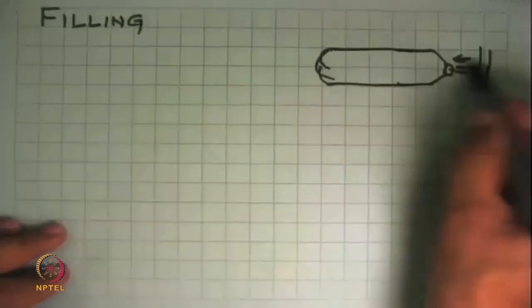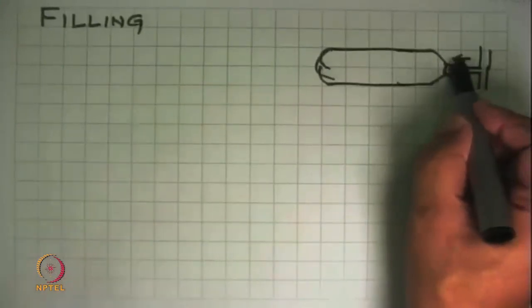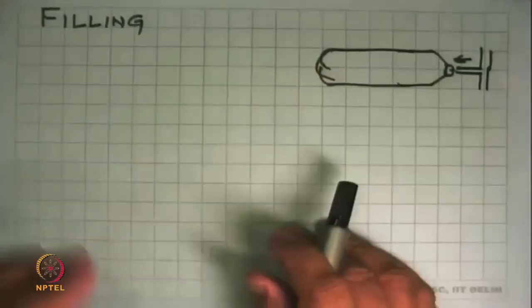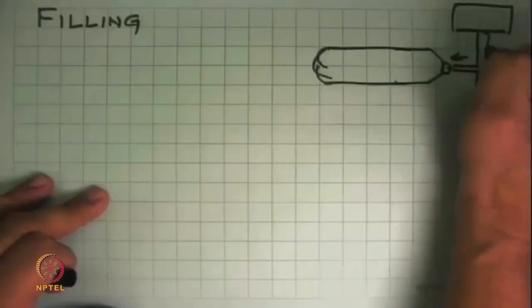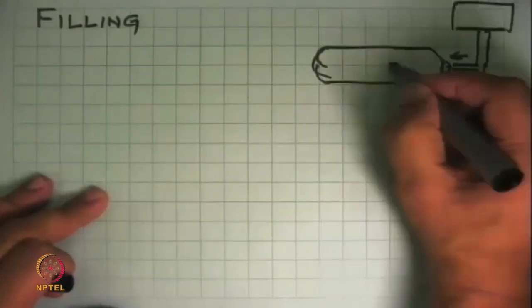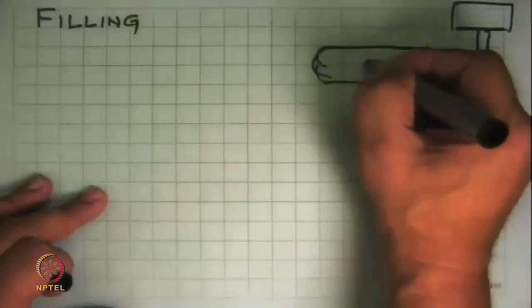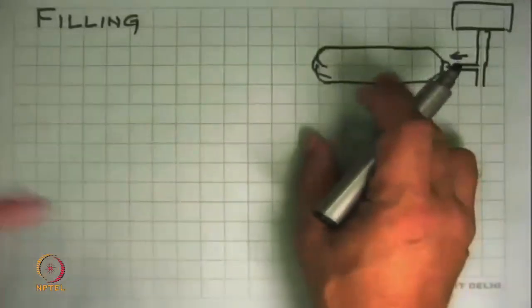At the filling station, they connect a hose or pipe to it that is fed by gas from a high pressure reservoir. So we can say that this is a high pressure reservoir there. And when this valve is opened, this gas starts going into it and starts filling up the cylinder.